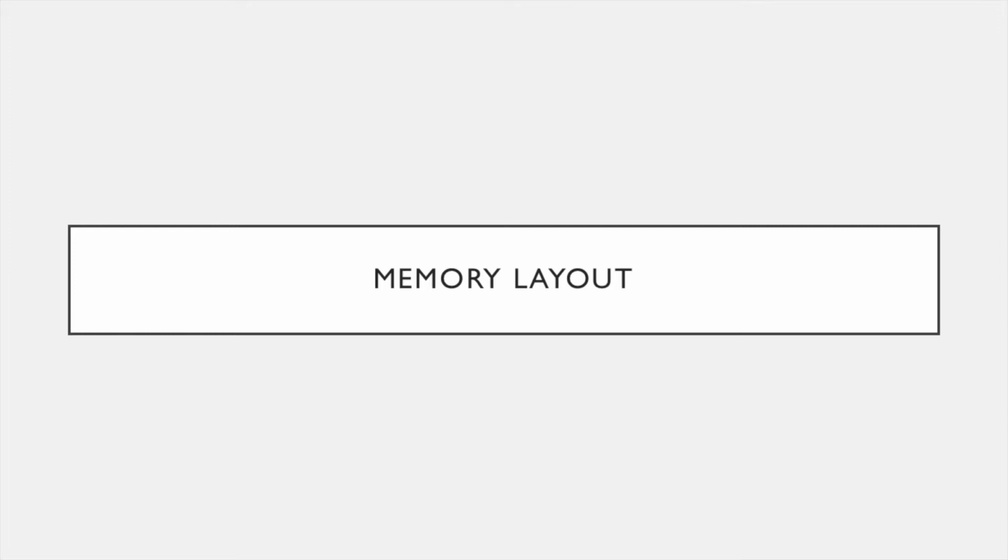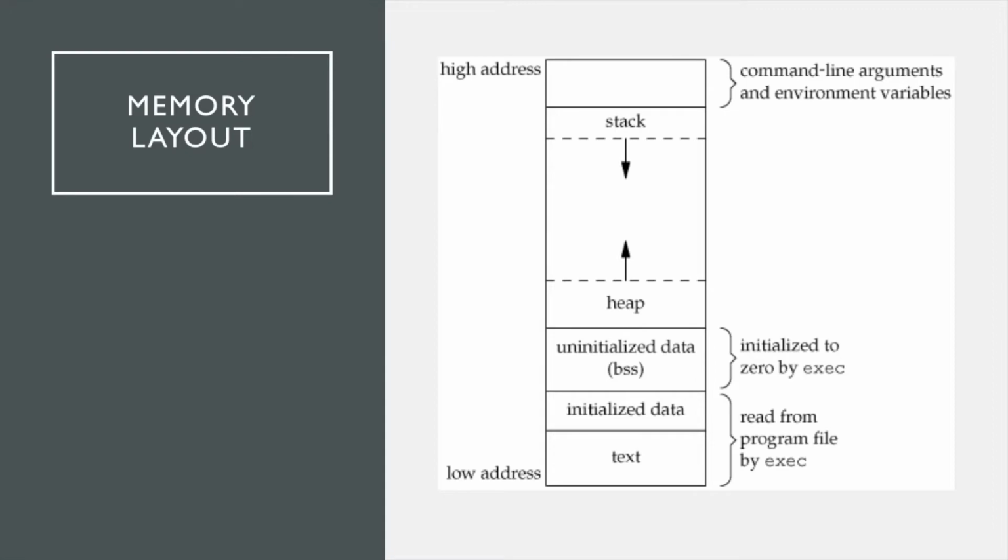In particular, how C uses the memory of the computer is something like this. So we have a high address, which is the command line argument. So what is a command line argument? A command line argument is when you execute a program in your CMD, if you're on Windows, or the terminal, if you're on Linux.